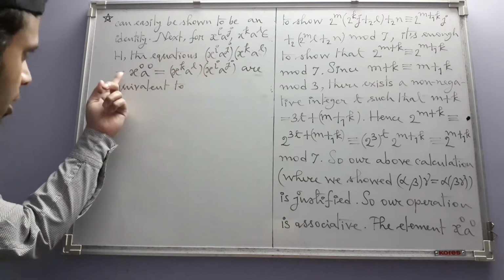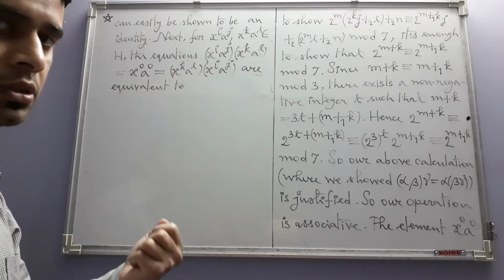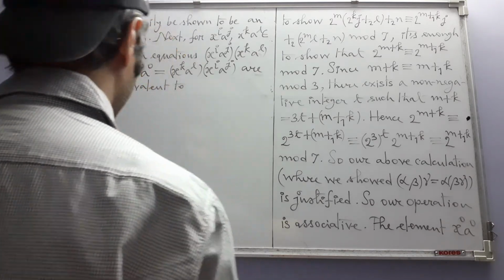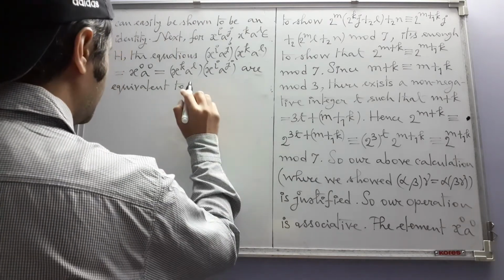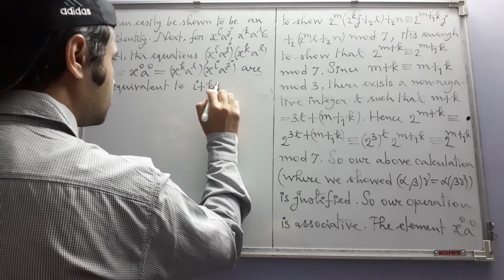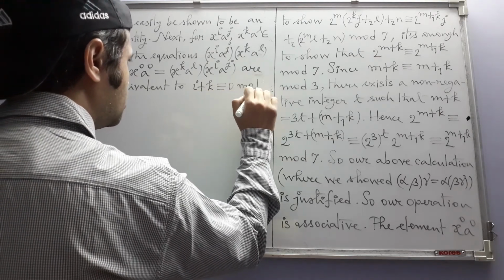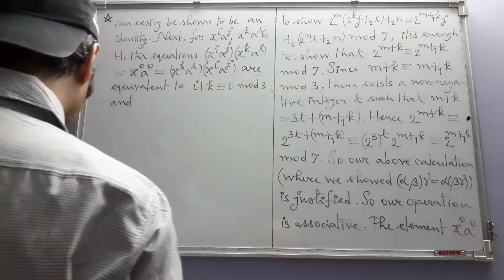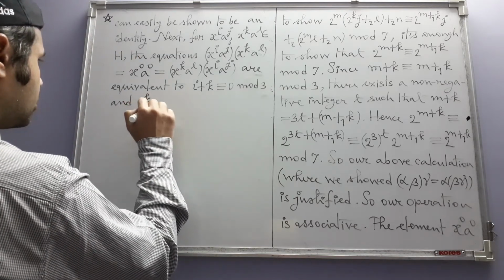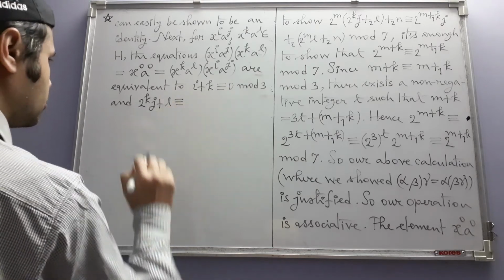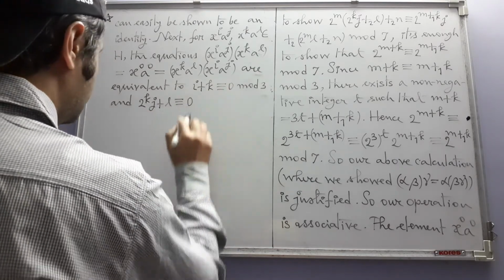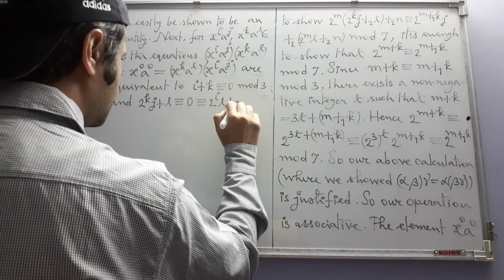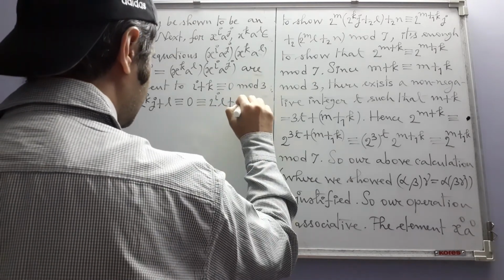From this equality and this equality, you then apply the definition of equality of two such symbols in H, and once you do those things, you will have these congruences equivalent to i plus k congruent to 0 mod 3 and 2 to the power k times j plus l congruent to 0, which is also congruent to 2 to the power i times l plus j, mod 7.